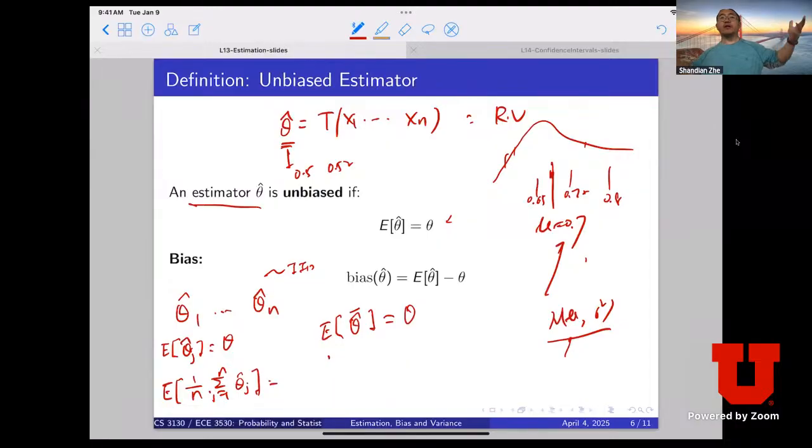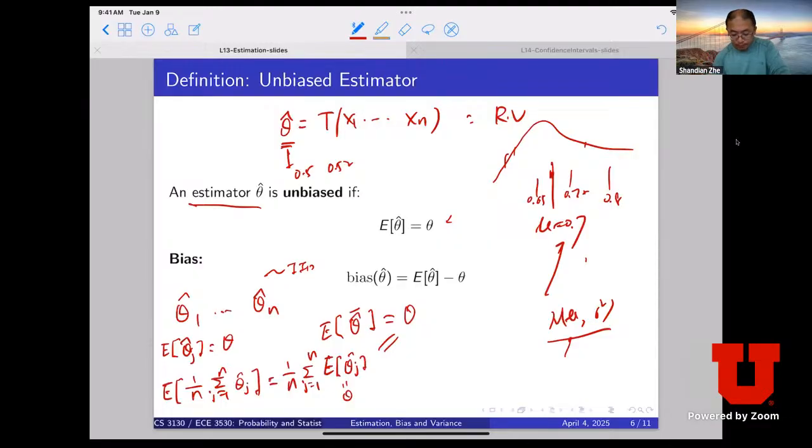The expectation of a linear combination of random variables is the same as taking the linear combination of the expectations. So this is the same as you first do the expectation over every estimator and then do the average. Each estimator is unbiased, so their expectation is theta. You just add up the same theta n times and do the average. Of course, it will give you theta. Does it make sense?